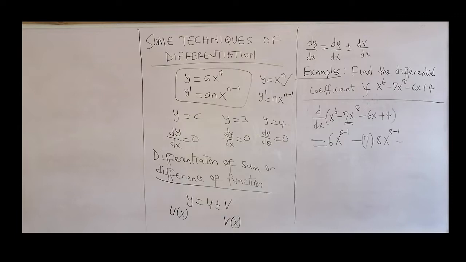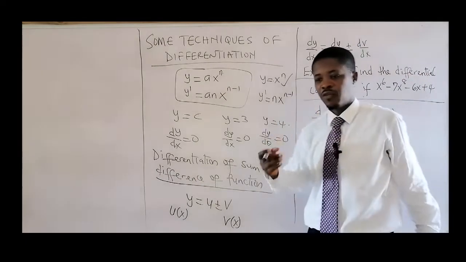Then minus the differential coefficient of 6x. It has a power of 1, though it's not stated; any number or variable automatically has a power of 1.